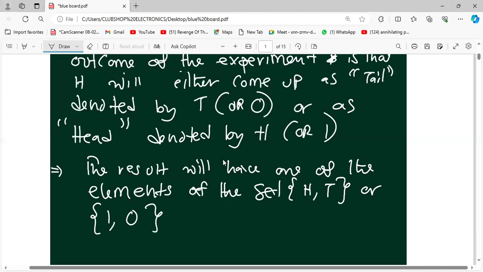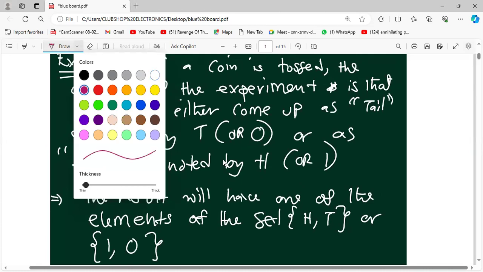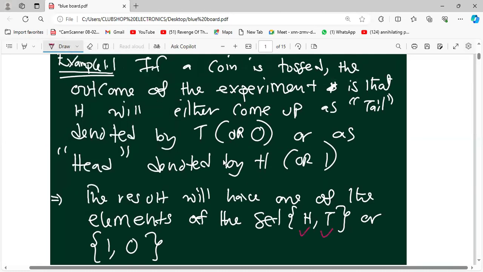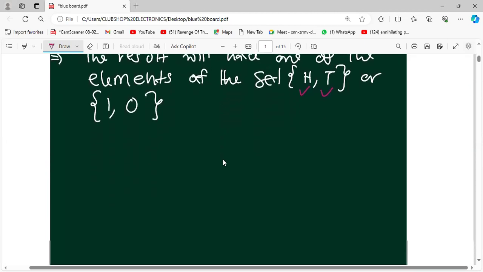So the result will either be head or tail, 1 or 0. Once a coin is tossed, it is either head or tail. Head is denoted by 1, tail is denoted by 0.